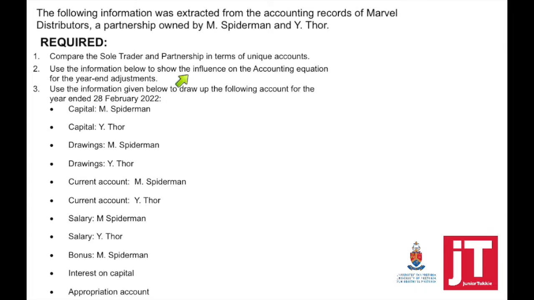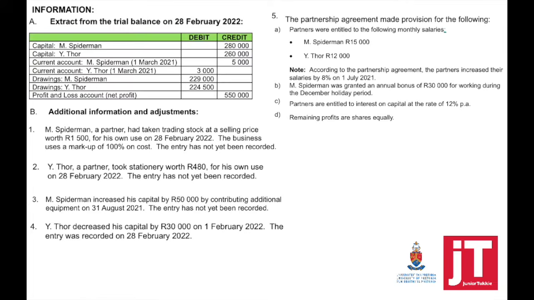Use the information below to show the influence on the accounting equation for the year-end adjustments, and then use the information given below to draw up the following accounts for the year ended 28 February 2022. So this means our accounting period ends 28 February 2022, which means it starts on the 1st of March 2021. Make sure that you familiarize yourself with the information which is provided.